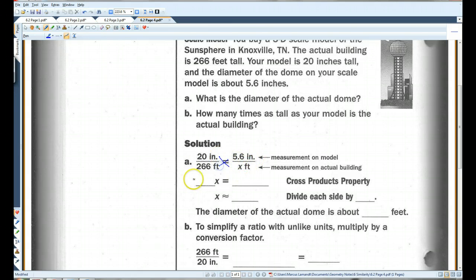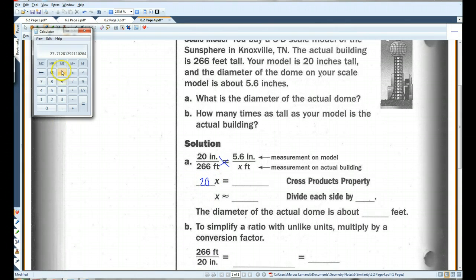So let's cross multiply. I've got 20x equals 266 times 5.6. Let's do this. 1,489.6.